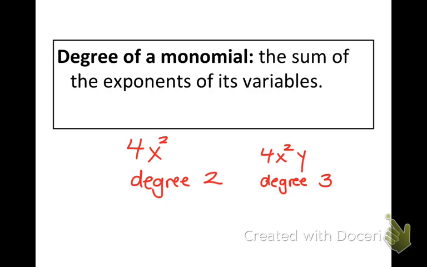The coefficient is still 4. If I made that y have an exponent of 5, the degree would turn into 7. If the y had a number in front of it, would there be 2 coefficients? Good question. If I put a 2 here, I would multiply the 4 and the 2 together, get 8, and the coefficient would turn into 8.